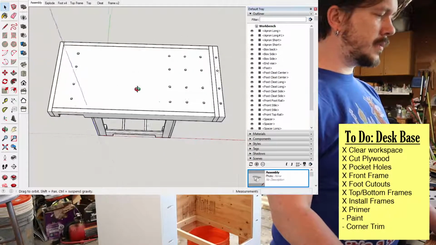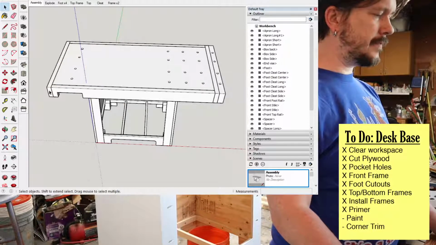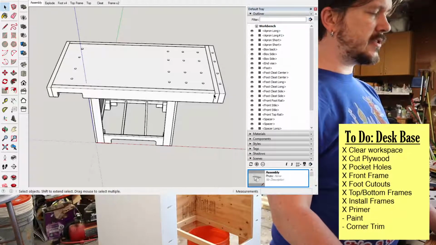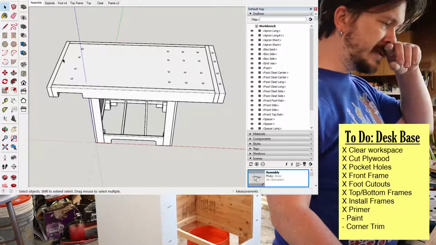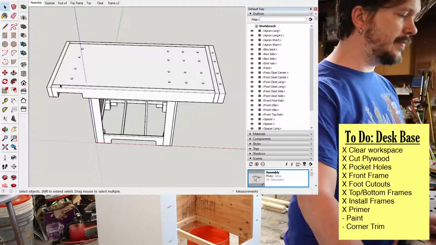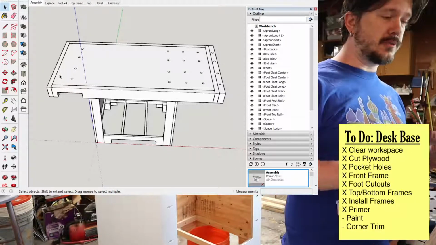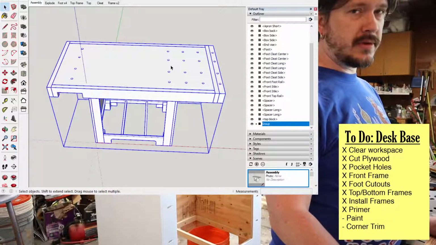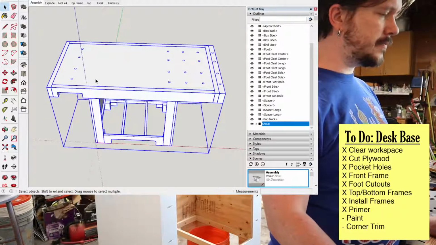for the top, I'm pretty sure I'm going to put some sort of apron around the outside, especially on the ends. That's really like a breadboard almost. That's going to really help keep these ends from splitting. Because if I do the top out of plywood, it's not that big a deal.